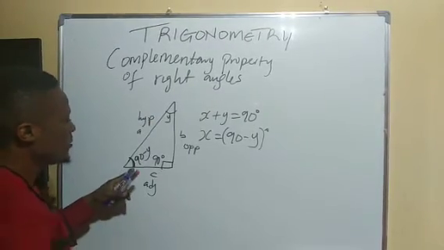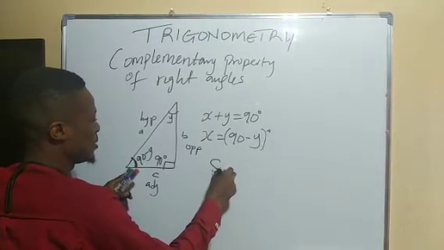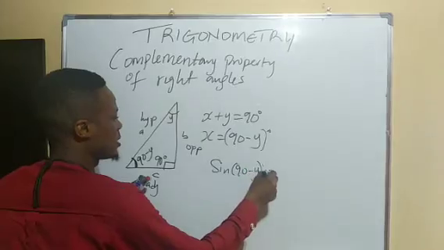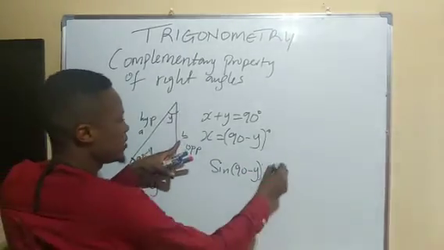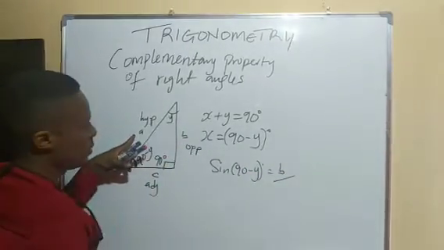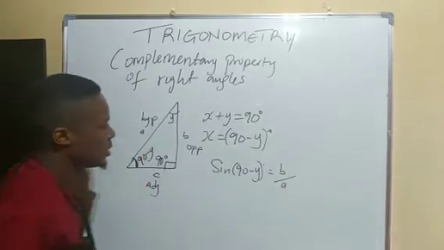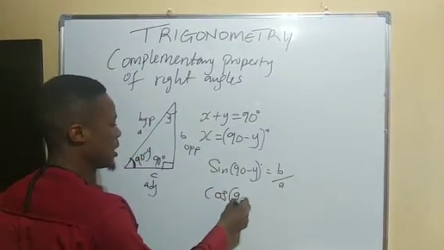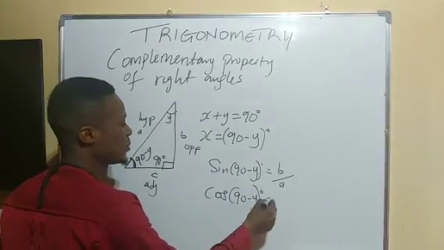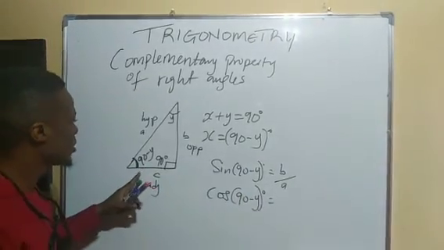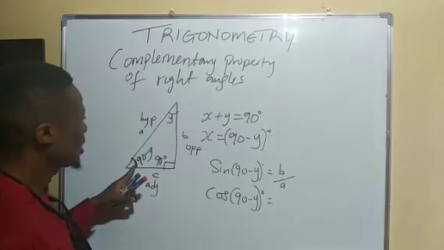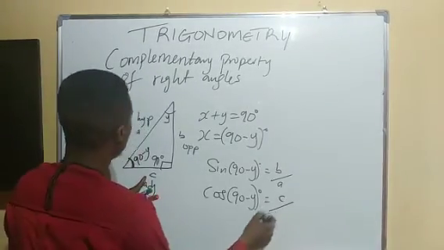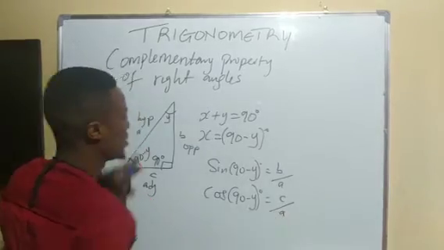Okay? So if I say sine 90 minus y degrees, for instance, I have opposite, which is b, over hypotenuse, which is a. If I say again, cos 90 minus y degrees, you should know that cos theta is adjacent over hypotenuse, and adjacent is c, while hypotenuse is a. Okay.